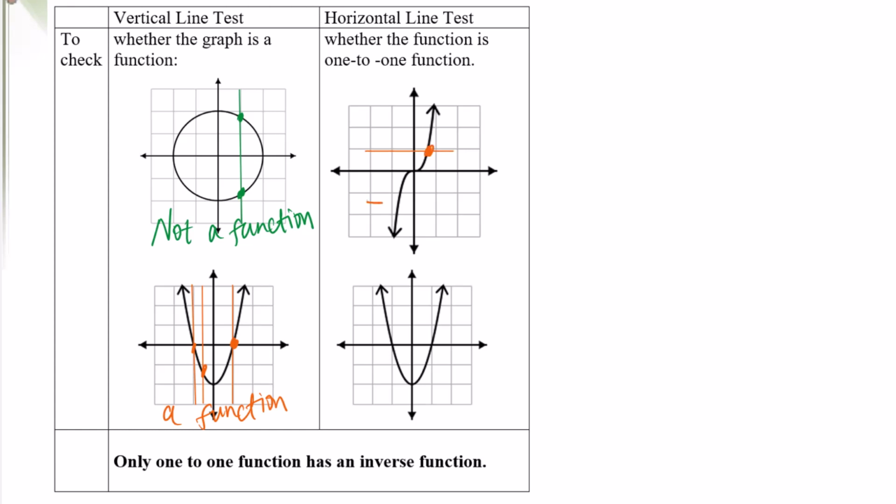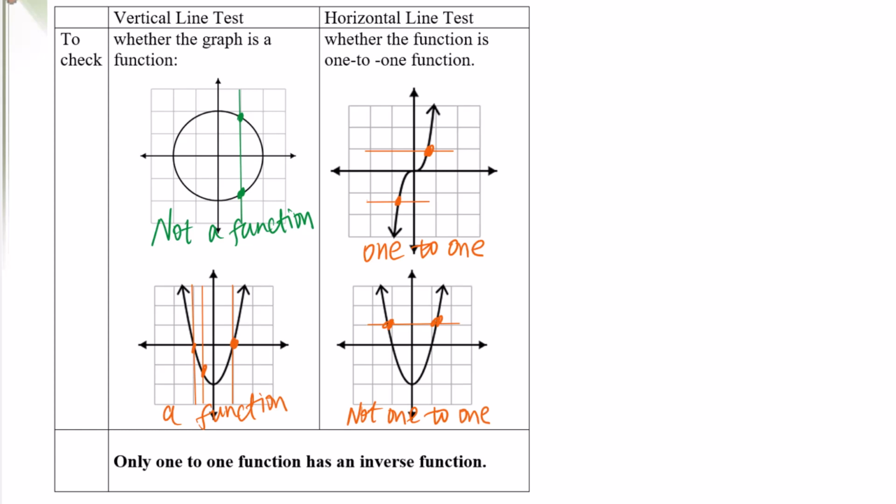For each horizontal line, we only have one intersection. So, this is a one-to-one function. For this graph, let's draw any horizontal line. We got 2 intersections, so this is not a one-to-one function.